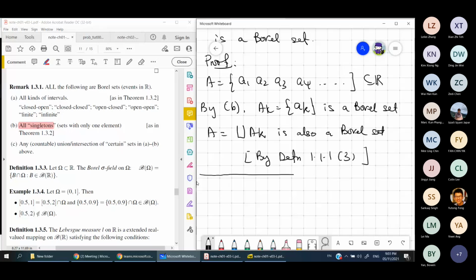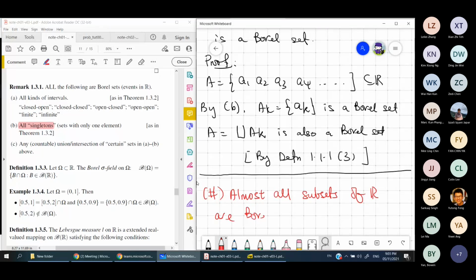What I can tell you, just as a remark, is that almost all subsets of R are Borel sets. As long as you can name it, it will be a Borel set.